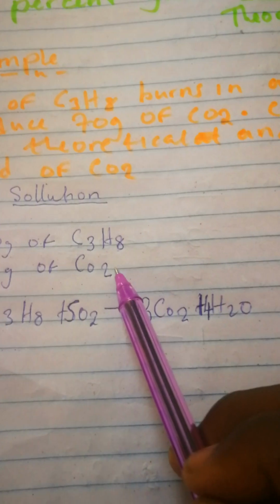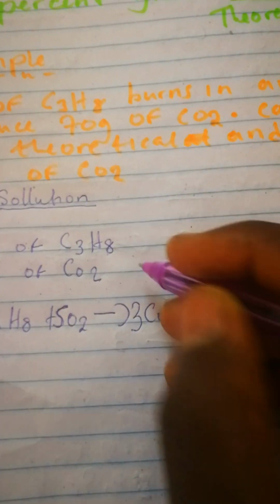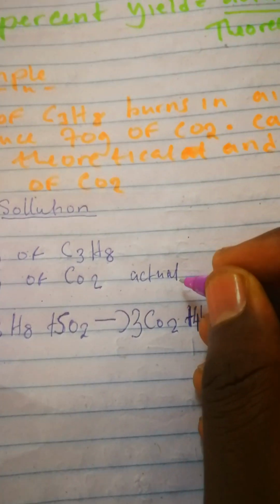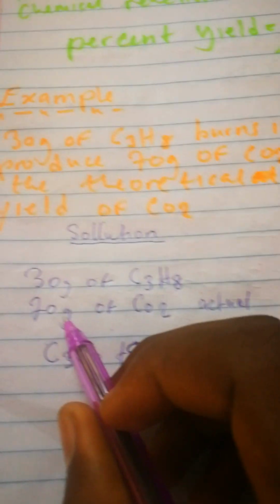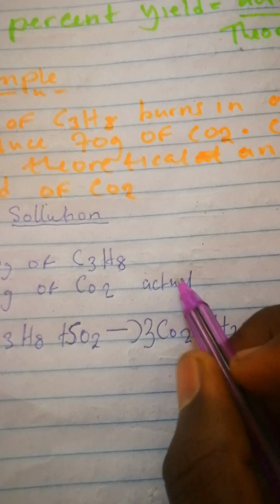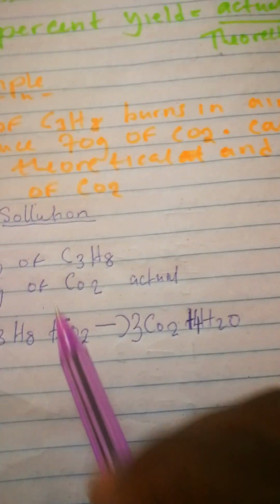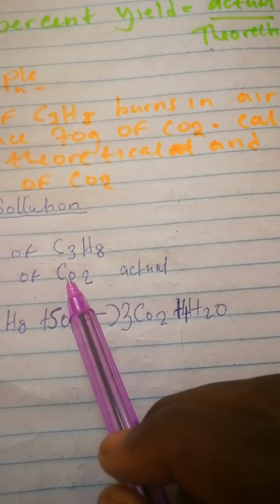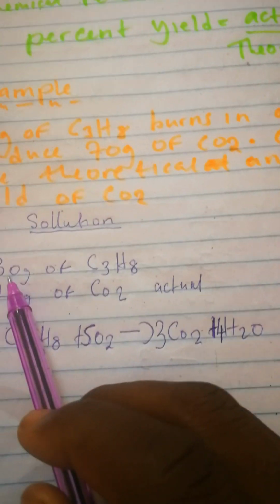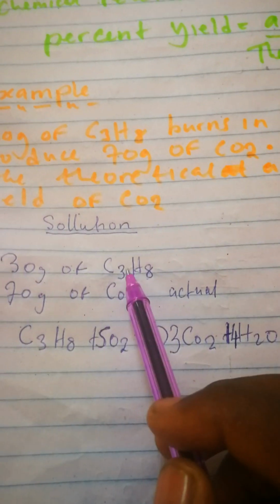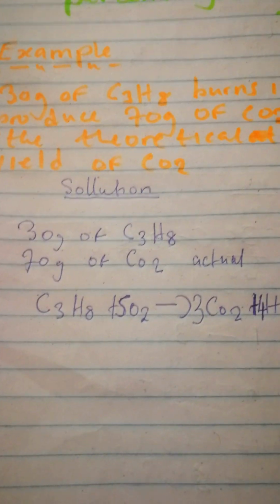This 70 grams is the actual mass, or the actual yield. I want to find the theoretical yield, so the 30 grams of C3H8 will help us find the mass using the mole ratio.